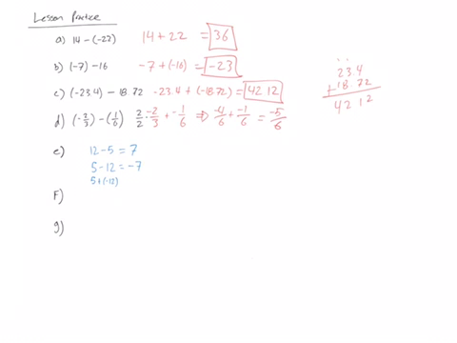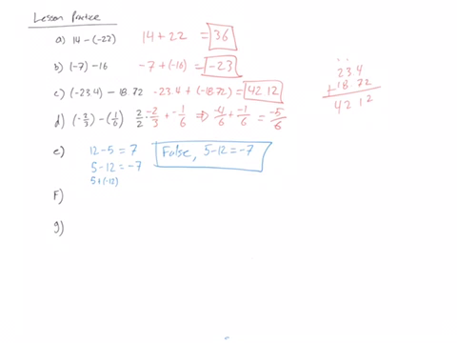So negative 7 is not a whole number, so I'm going to say false. And then it says give a counterexample for false statements. So that's going to be 5 minus 12 is equal to negative 7. That would be my answer there for part E.